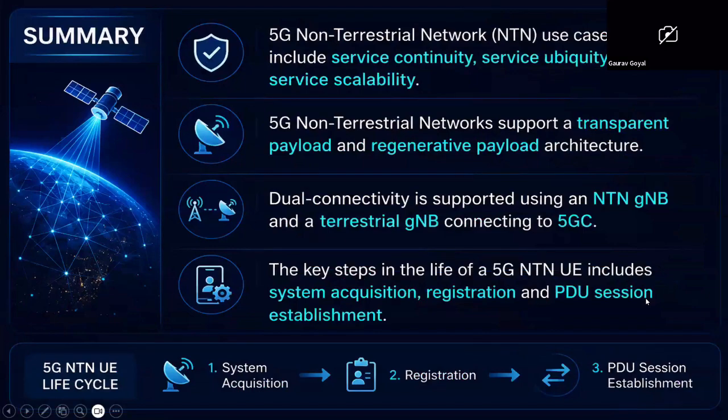So what's the summary? 5G NTN use cases include service continuity, service ubiquity, and service scalability. NTN supports transparent payload and regenerative payload architecture. Dual connectivity is supported using the NTN gNodeB and a terrestrial gNodeB connection to 5GC. The key steps in the life of a 5G NTN UE include system acquisition, registration, and PDU session establishment.